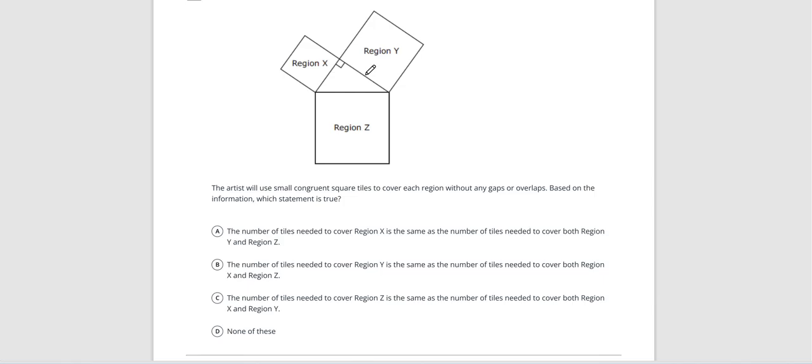Okay, this one's really easy, guys. Here's your right triangle. You see it? The one across is your C. These are your A and your B. These legs make up the smaller squares. So you'd have A squared plus B squared equals C squared. Here you have the region of X, the inside, plus the region of Y, the inside, is equal to the region of Z, the inside stuff.